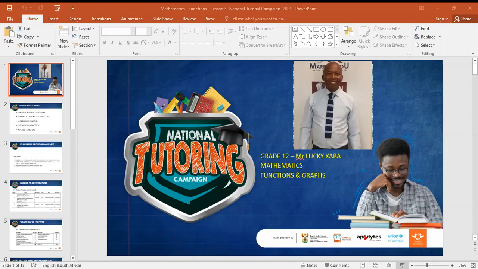And the general formula of a straight line is y is equal to mx plus c. So that is the equation of a straight line, whereby we now know that the m is the gradient of the graph.